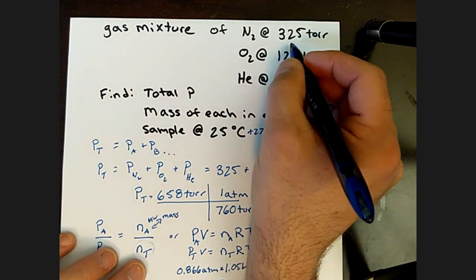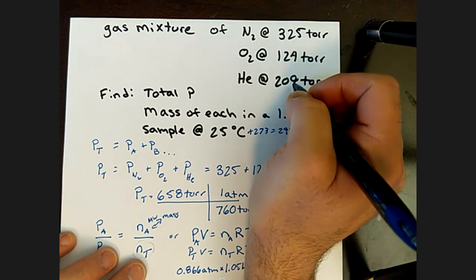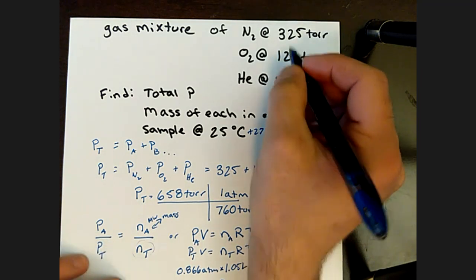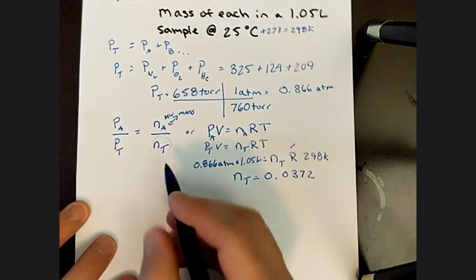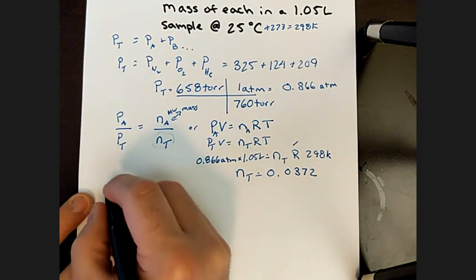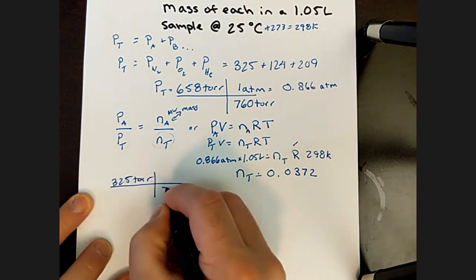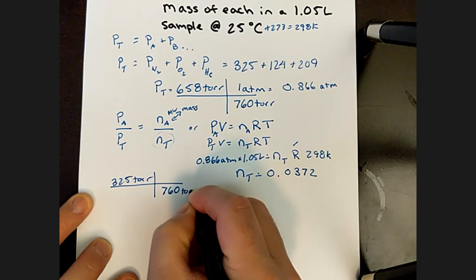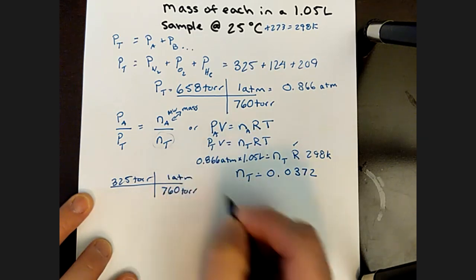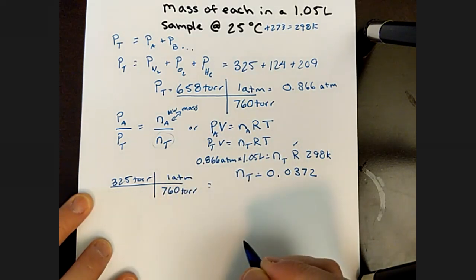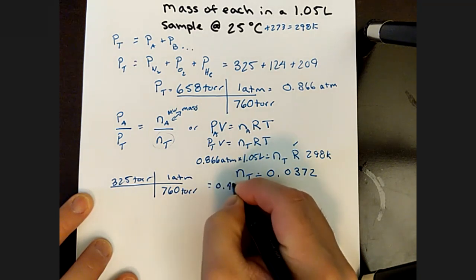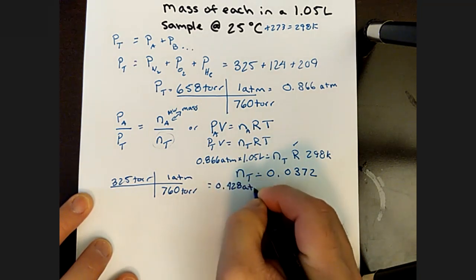I took all of these and converted them into ATM. Let's do that step real quick. If you have 325 torr, there's 760 torr in 1 ATM, so this gives you 0.428 ATM.